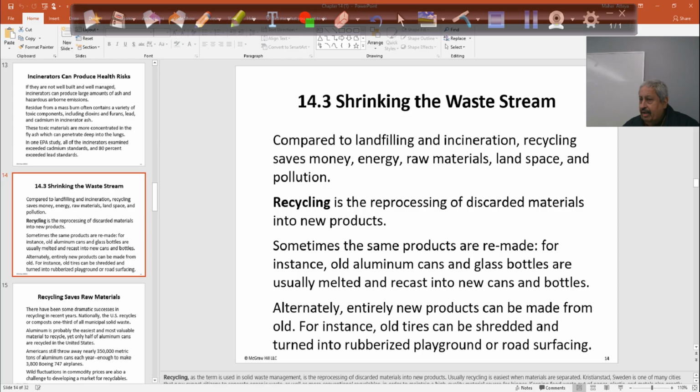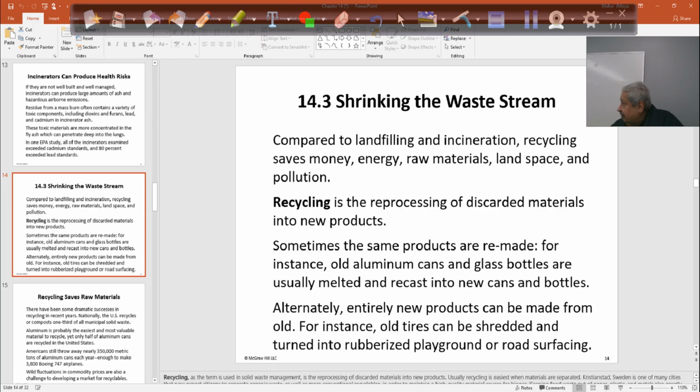This is another way of not just dumping in the landfill and then burning everything, but we can shrink the waste stream. Compared to landfilling and incineration, recycling saves money, energy, and raw materials, landscape, and pollution.